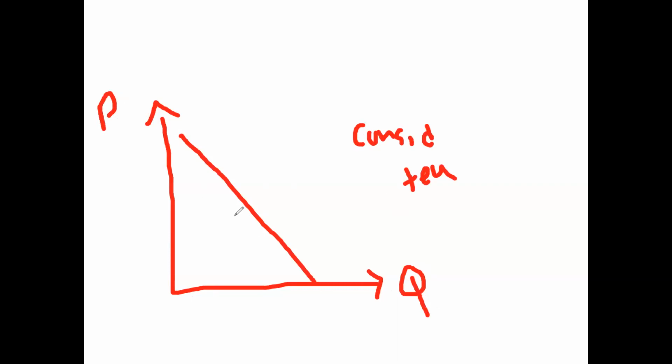When there's a price change, definitely it impacts movements along the curve, right? Movements along the curve, so we can show it like this. For example, a price reduction or price increase.